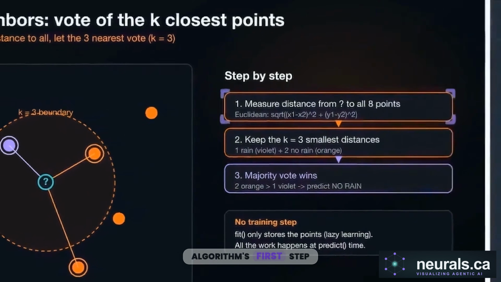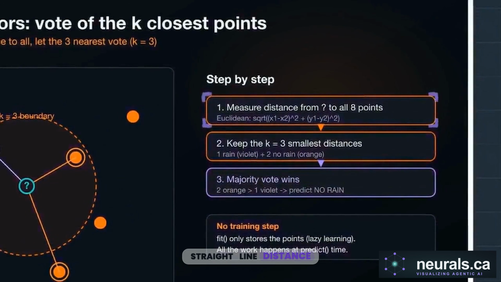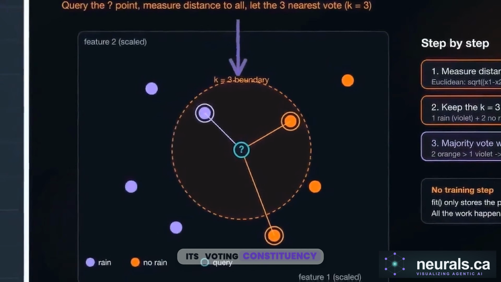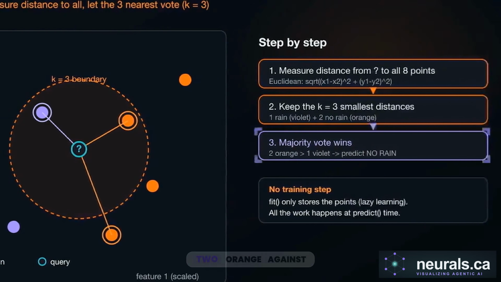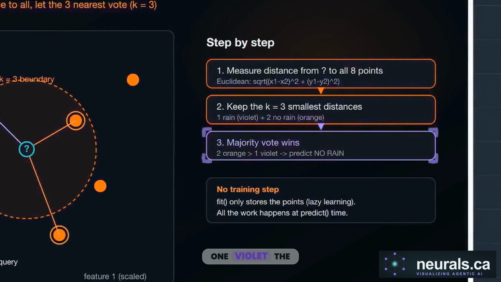The algorithm's first step is measuring the straight line distance from our query to every single stored point. Then it applies a strict limit on its voting constituency using variable k, the exact number of closest neighbors allowed to influence the decision. Setting k to 3 isolates the 3 closest points. With 2 orange against 1 violet, the majority rules, predicting no rain.